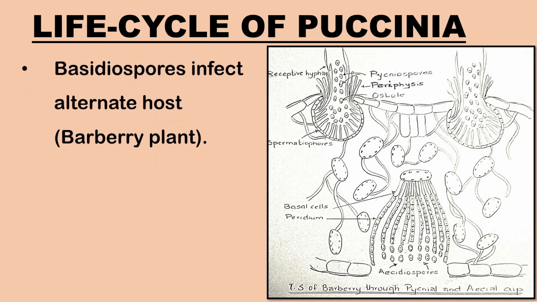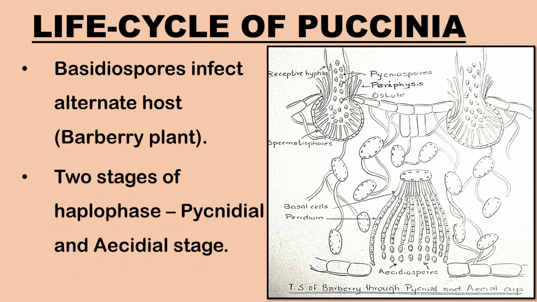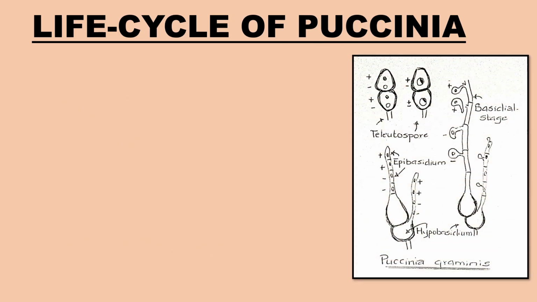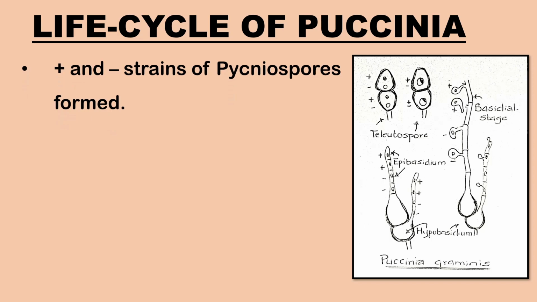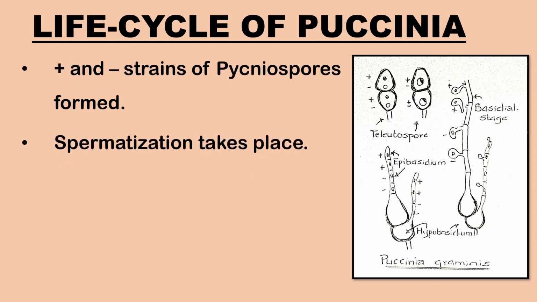These spores, when carried by wind, infect their alternate host, the barberry plant. The haplophase has two stages, pycnidial stage and aecial stage. Plus and minus strains of pycnospores are formed.